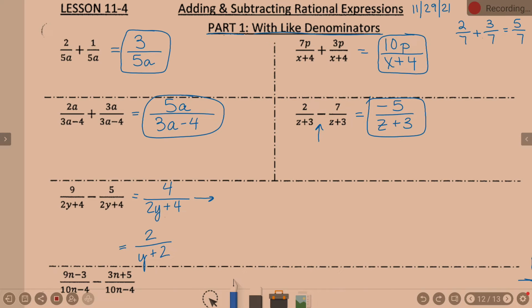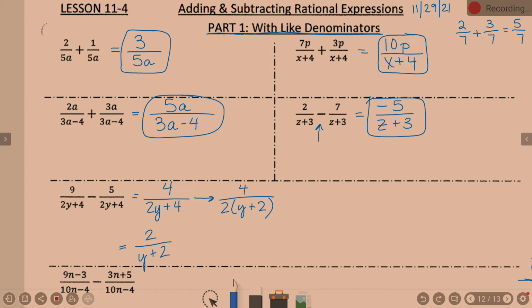They have a 2 in common. So the other option is factoring out a GCF in the denominator, because factoring is the thing we need to think about today. If we factor out a GCF of 2, 2y divided by 2 leaves me with y, plus 4 divided by 2 leaves me with 2.